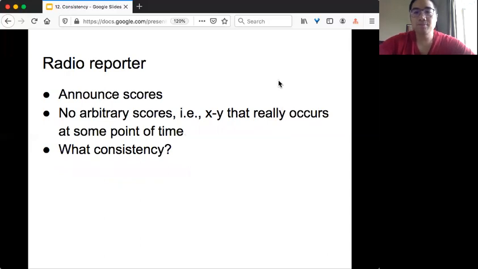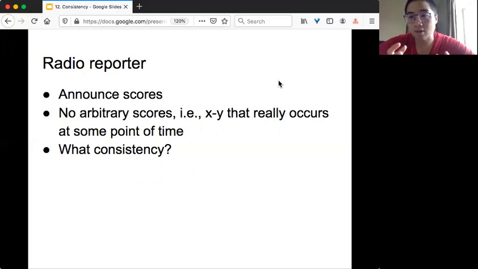And then the next one is a radio reporter. Suppose that every 20 or 30 minutes, they announce the score over the radio. But one requirement is that there should not be any artificial arbitrary scores. More concretely, I want to have a score X and a score Y that really occurred at some point in time. So think about your database system. If you use eventual consistency, it's possible that you read some scores that never occurred in history.